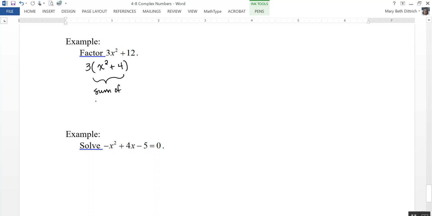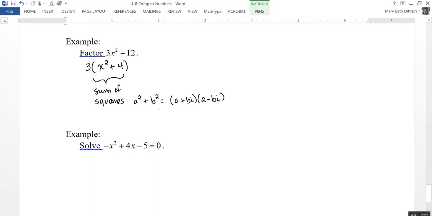In the past we've dealt with a difference of squares, but this is a sum of squares. And it looks like what we had up above. This looks like a squared plus b squared. And remember, that will factor into a plus bi times a minus bi.